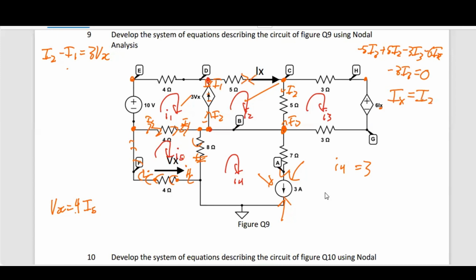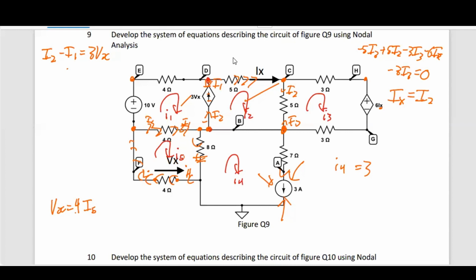If Ix was going in the opposite direction, Ix would equal minus I2. Every dependent source must have a link equation. Luckily, Ix was in the same direction as the I2 we assumed, so Ix equals I2. If it was opposite, it would negate, so it would be negative.